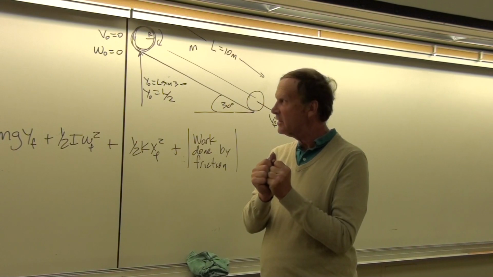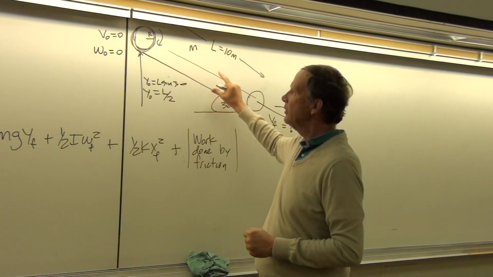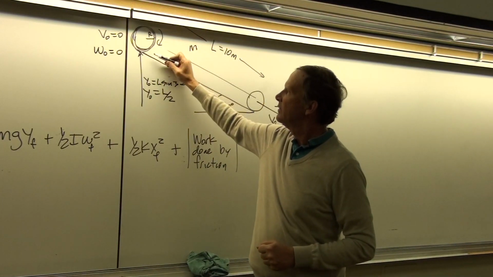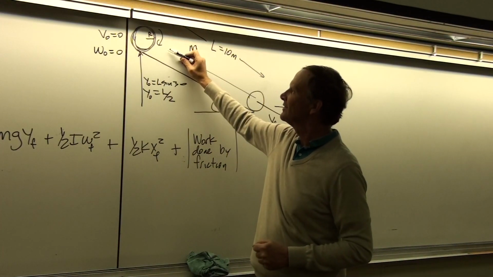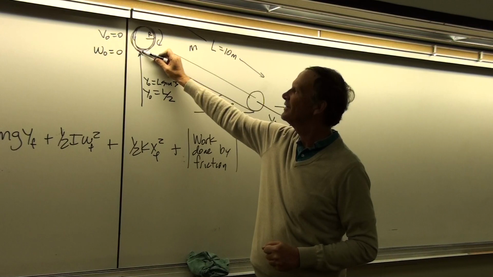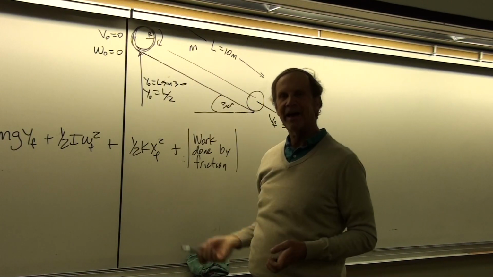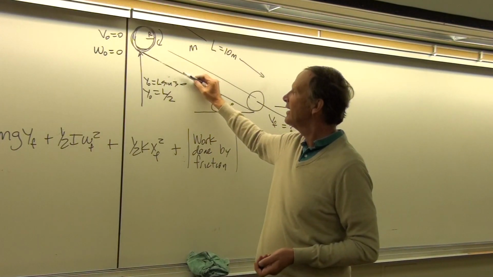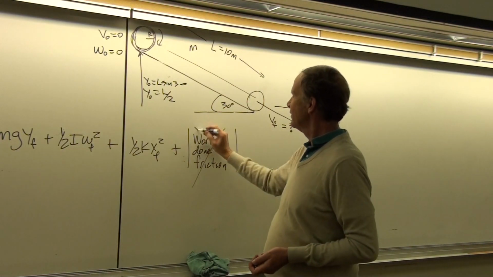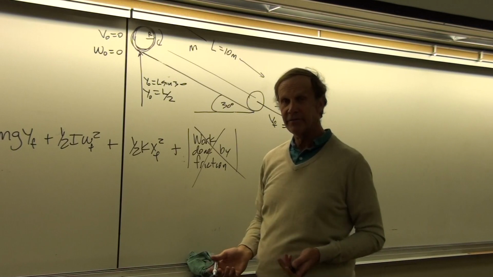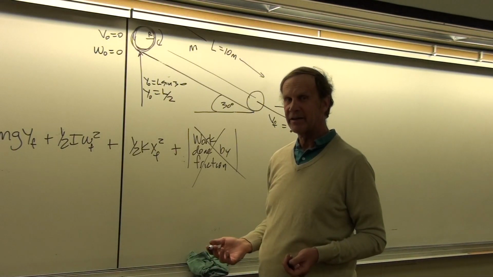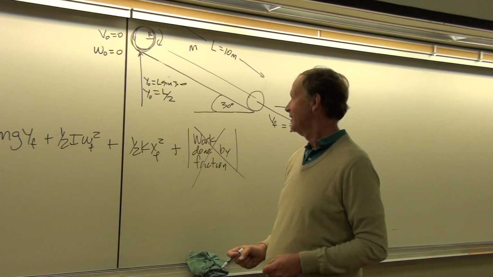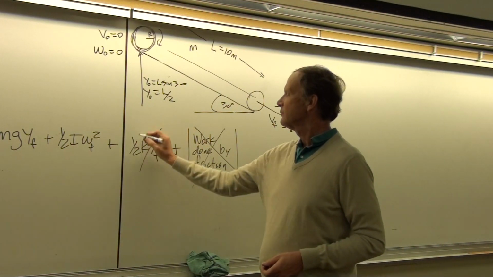And so if that's the case, then this thing is pure rolling motion, because as it rolls down, the tangential velocity equals the center of mass velocity, and so if you look at the velocity at this point, it's got to be 0. And so it's never moving at the point of contact, and so therefore there's no kinetic friction, only static friction, and the static friction does no work, because there's no motion. So that term is gone.